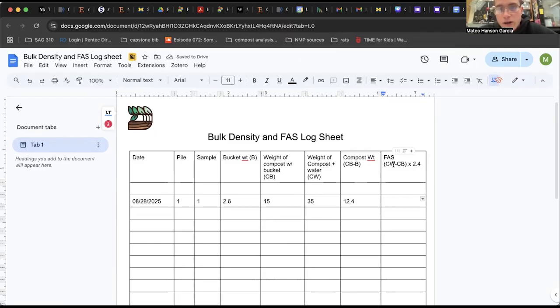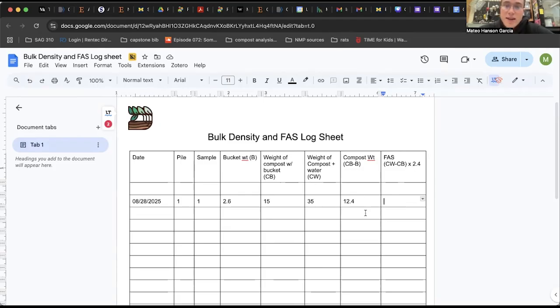And then we're going to want to get the weight of compost in water minus the weight of compost with bucket. So 35 minus 15, that's 20. But then we multiply it by 2.4. So 20 times 2.4 is equal to 48.